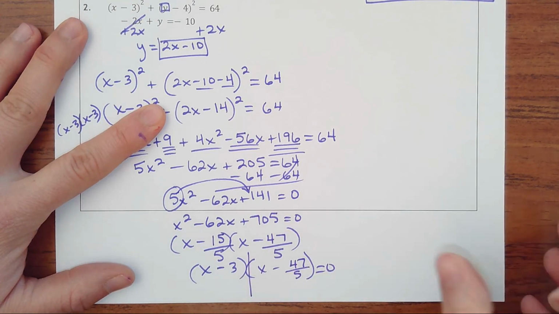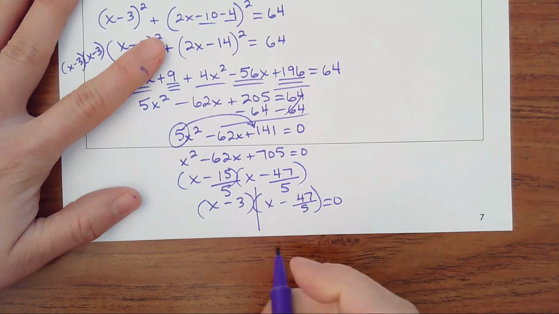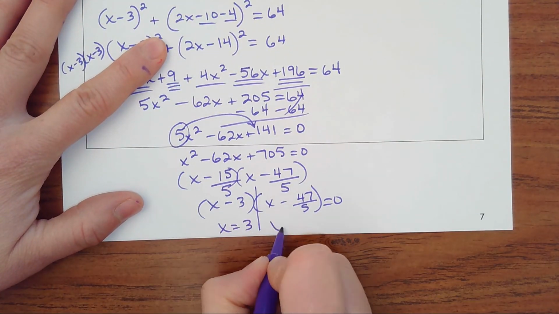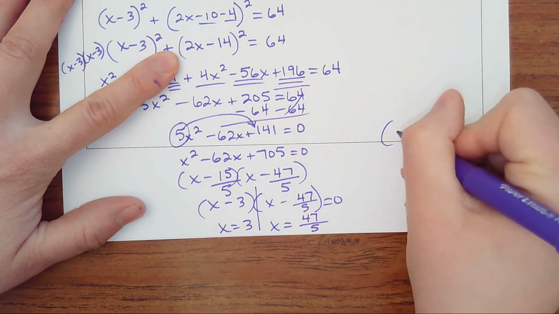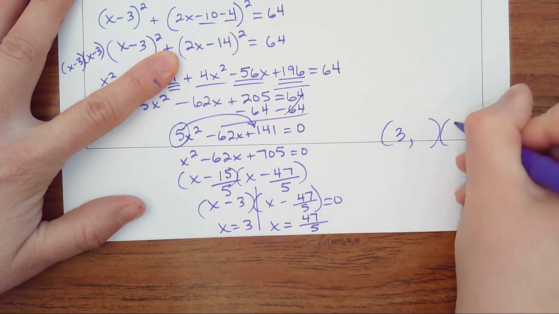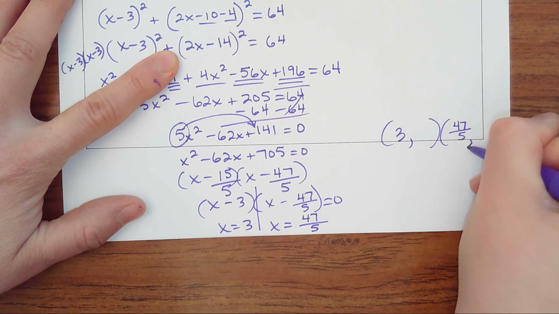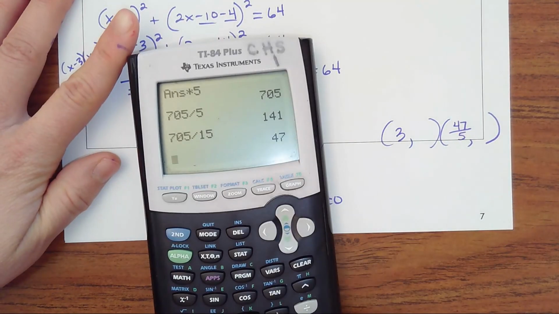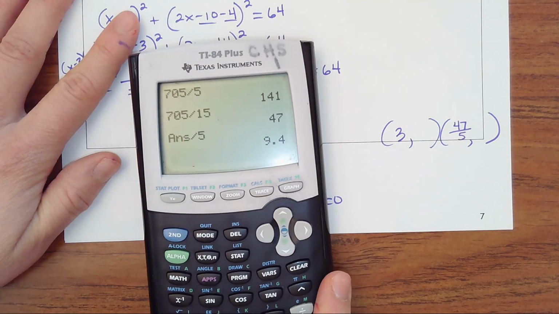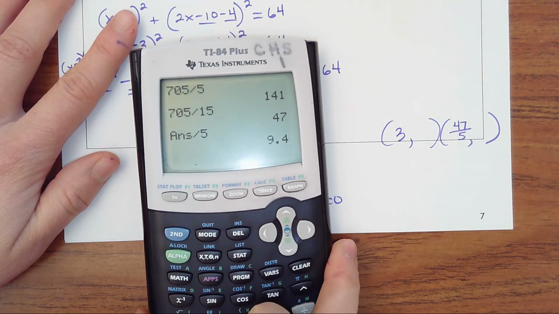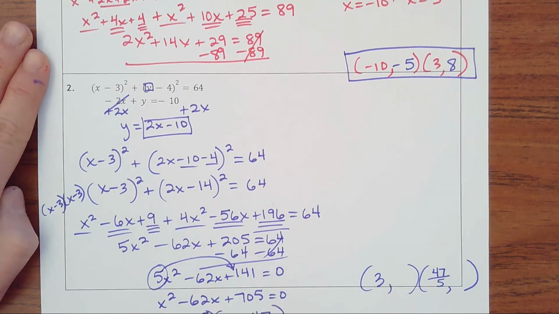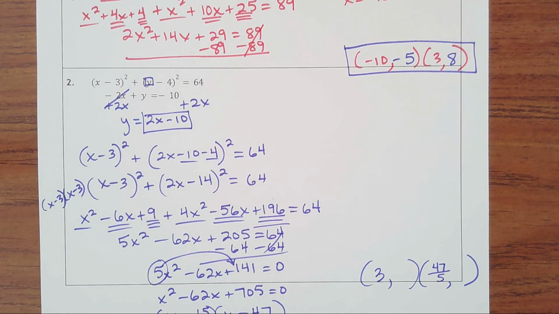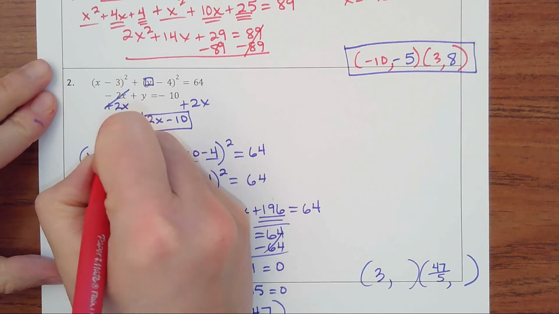So this one gets a solution of positive 3. And this one gets a solution of positive 47 fifths. Yuck, yuck, yuck. Let's see, 47 fifths is 9.4. So if it made you feel better, you could make it 9.4. Okay, and then I'm going to go back and plug those into this one that says y is this.